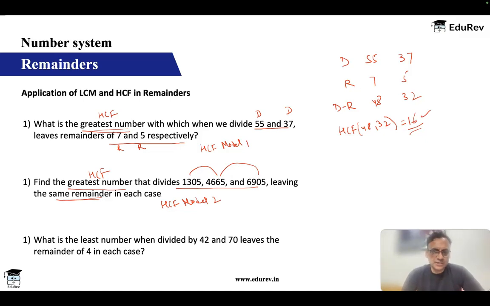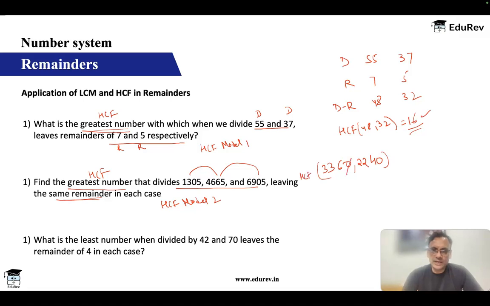So when you subtract them, 65 minus 05 is 60, and 46 minus 13 is 33. So 33, 60, and third minus second, 05 minus 65 is 40, 68 minus 46 is 22. This is what we get, and then we have to get the HCF of them.